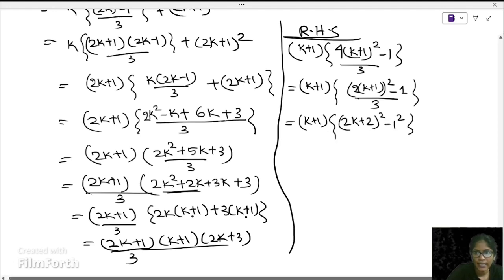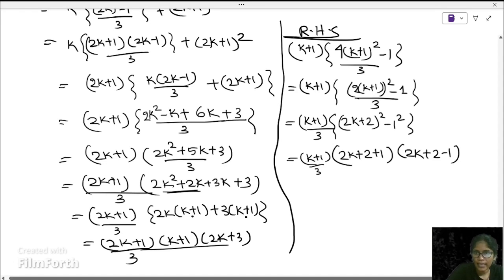We can write like this divided by 3, which is of the form of a square minus b square, whose formula is a plus b into a minus b. In place of a, this is 2k plus 2, and b is 1, which is a square minus b square.